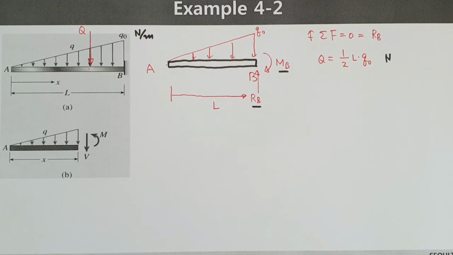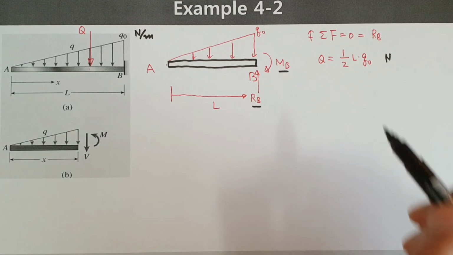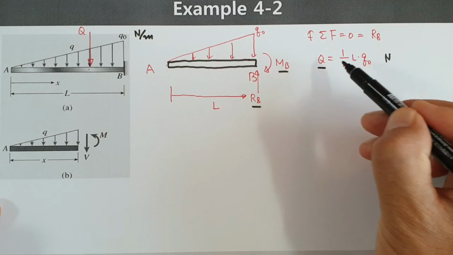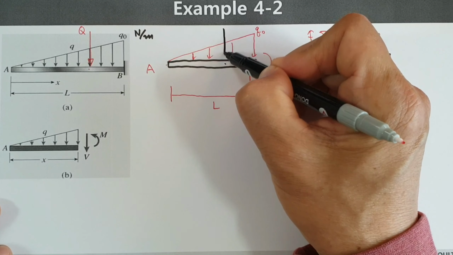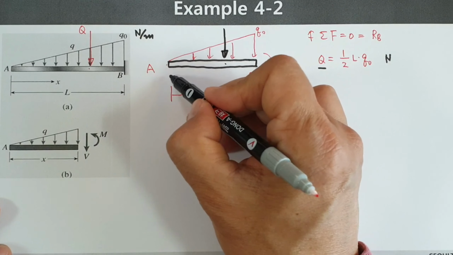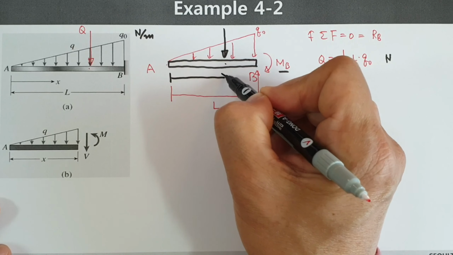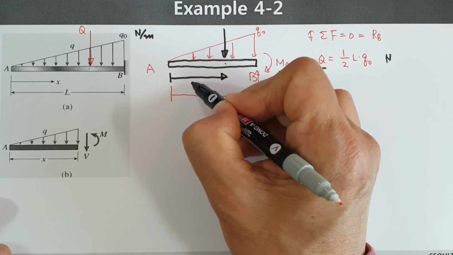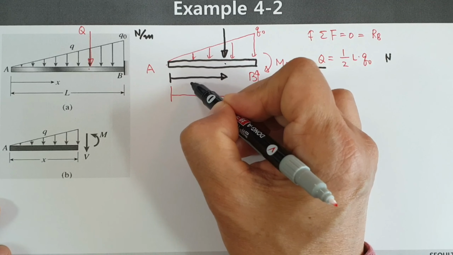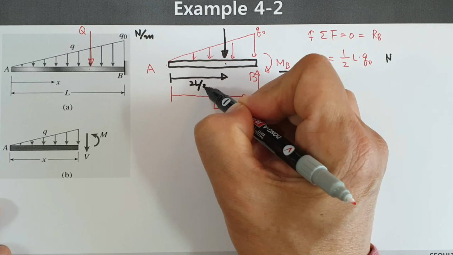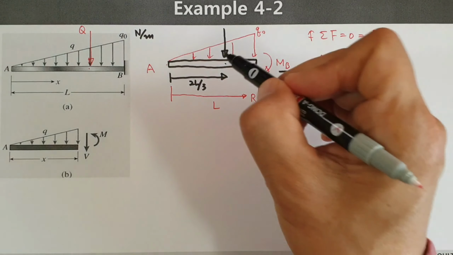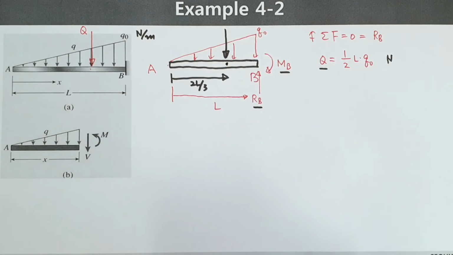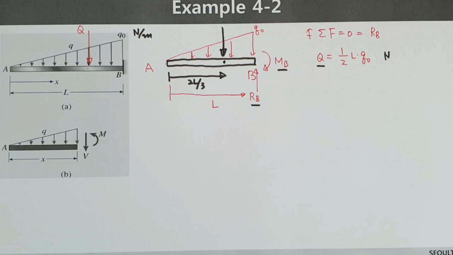Okay, large Q is like this one. Q is acting somewhere here. Its location, this distance, is 2L/3. That's the position of the centroid.